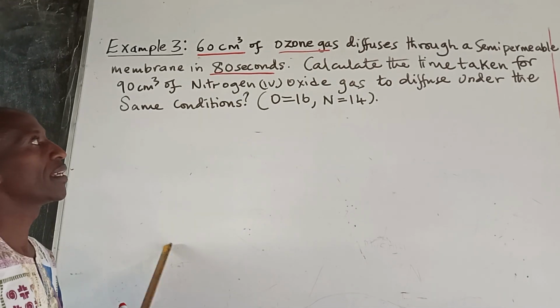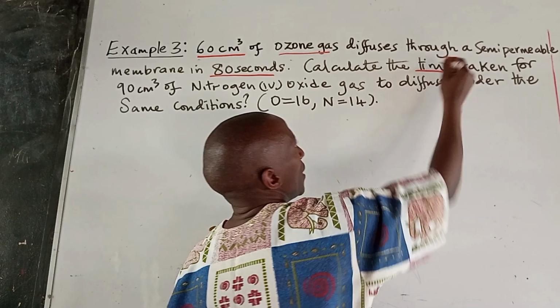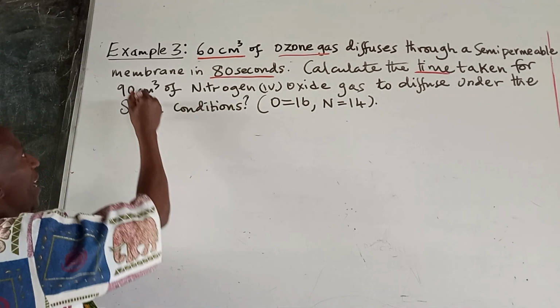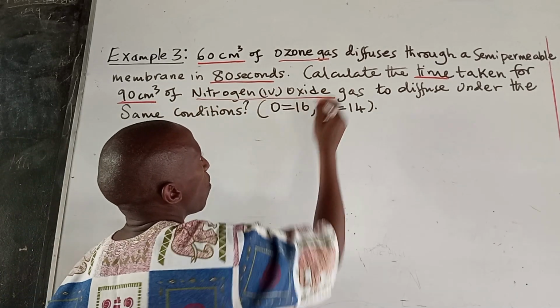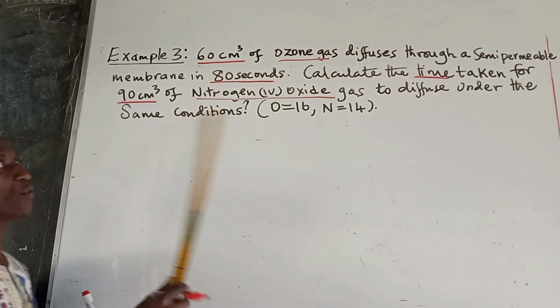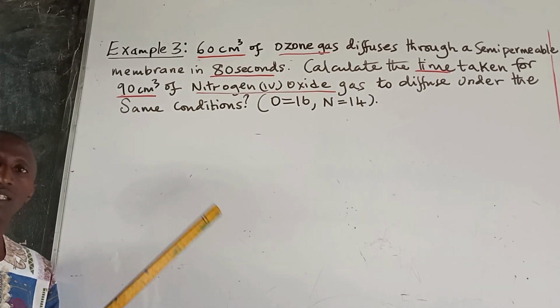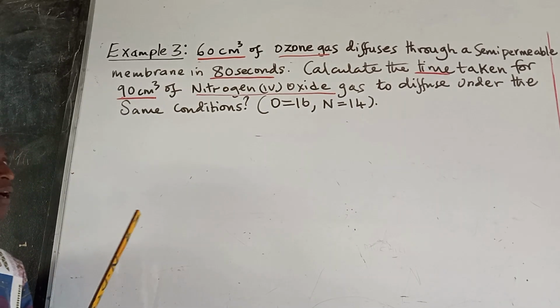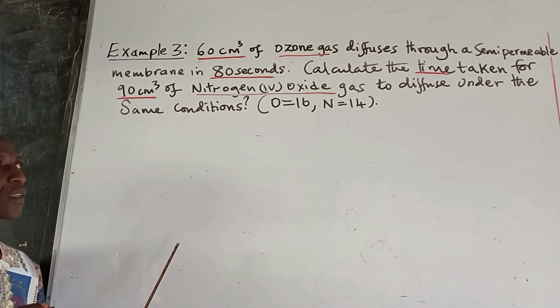The question is, calculate the time taken for 90 centimeter cubed of nitrogen 4 oxide gas to diffuse under the same conditions. Now, viewers, in this question, we are required to find the time.